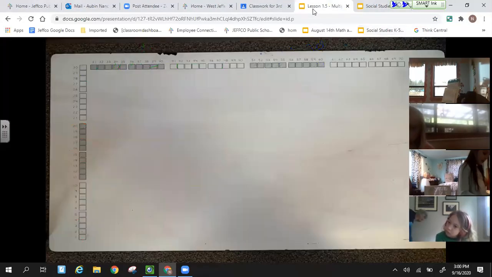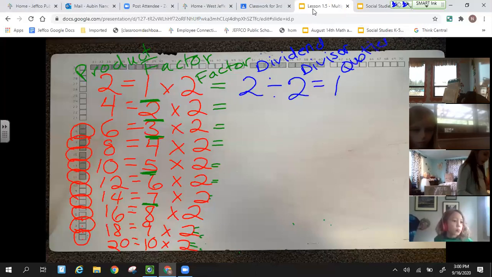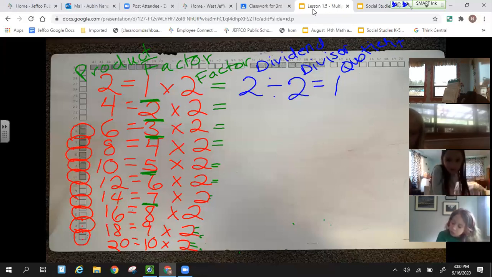Okay. If we notice the same numbers in this multiplication equation, we have a 2, a 1, and a 2. You're going to use the same numbers from your multiplication equation in your division equation.